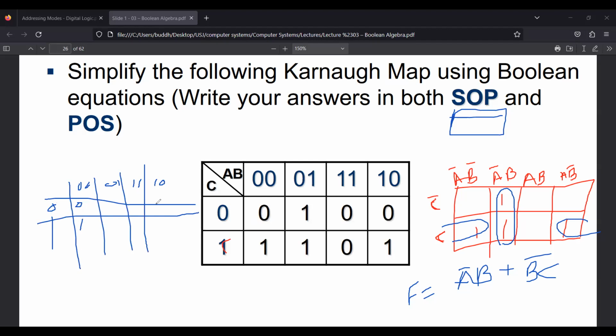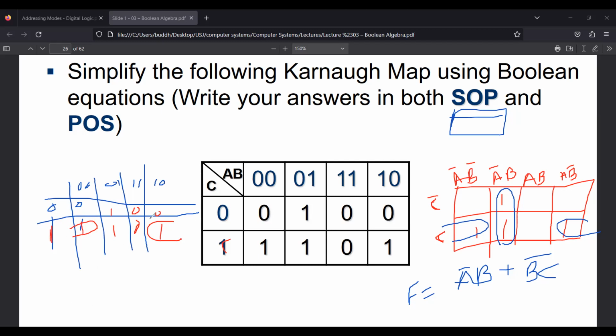Right? And so there is a 1. Here also 1. Here, 0, 0, 0, 1. Right? We can go this one and this one. The problem is there is a possibility that we consider this particular one also a group.